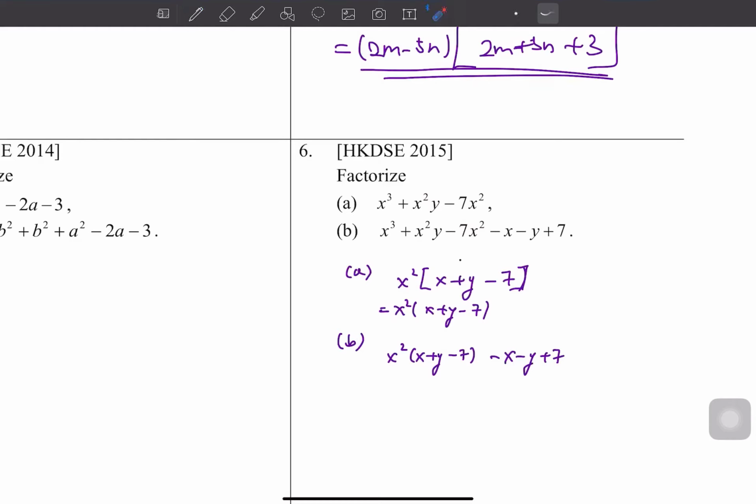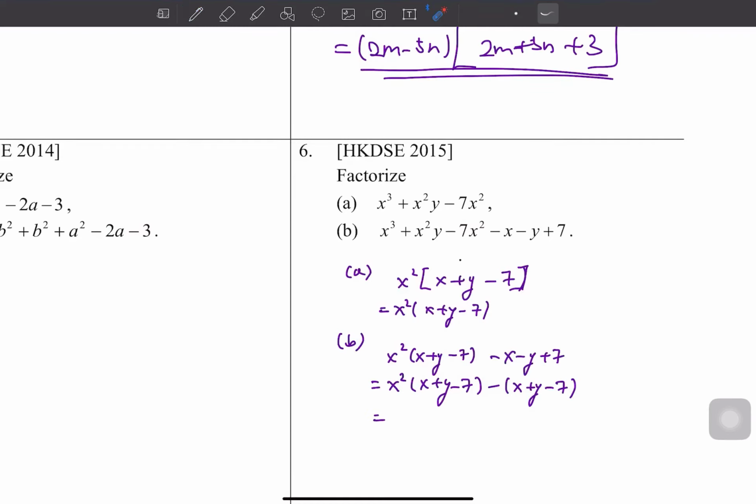No, because this is positive x plus y minus 7, but this is negative x minus y plus 7. So you can take out negative to find the common factor. Negative changes the positive to negative, and the negative to positive.